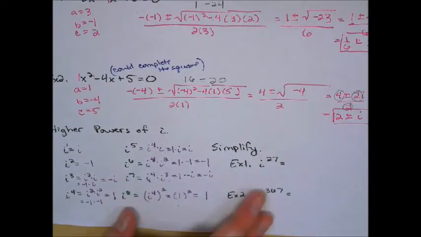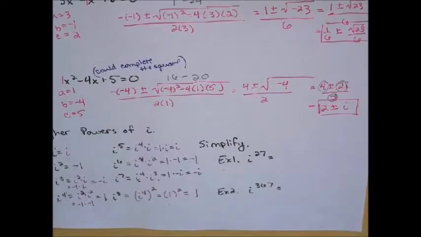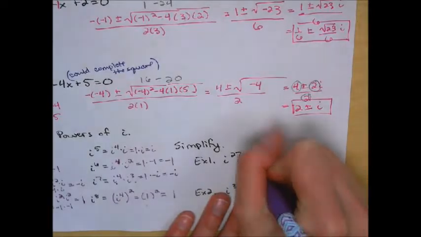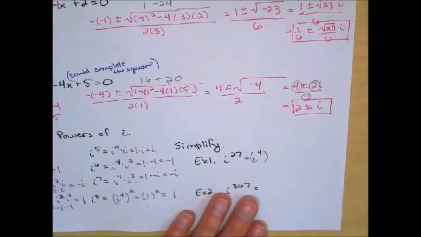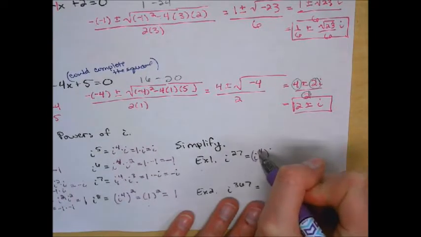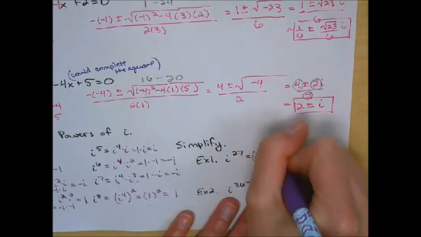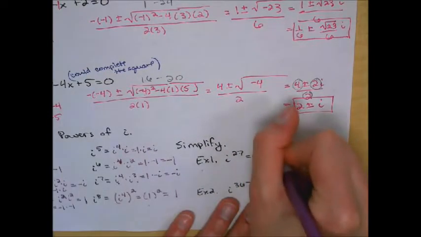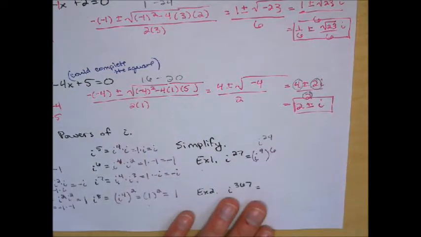So if we look at 27, we need to think how many 4s can get us to 27. Well, if I had 5 times 4 is 20. If I have 6, this gives me I to the 24th.